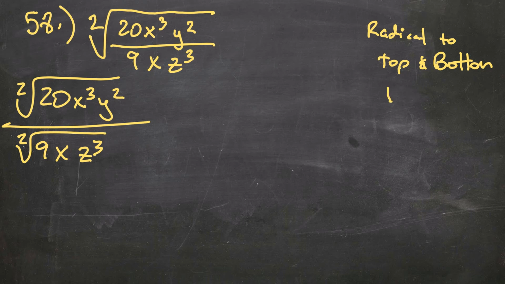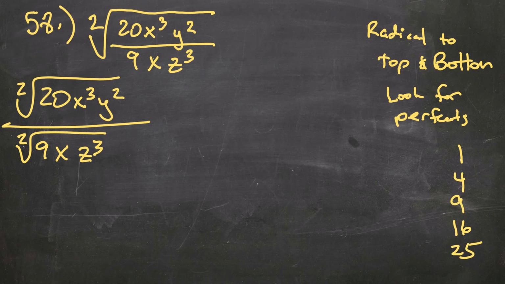Now the next thing I do is I've got to look for perfect squares. I use my numbers 1, 4, 9, 16, 25. 20 is not on that list, but 4 goes into 20. It's 4 times 5. So I'm going to rewrite this as the square root of 2 squared, because that's 4, times 5.